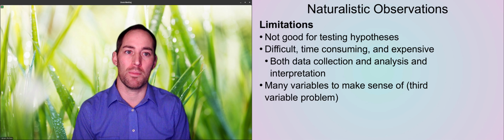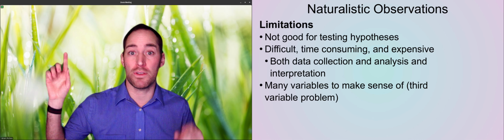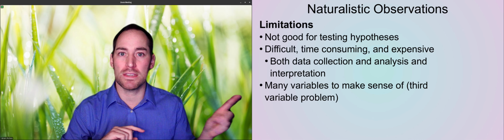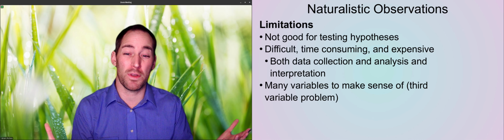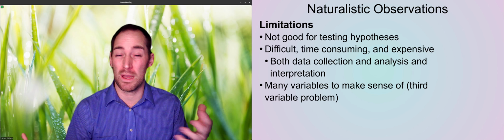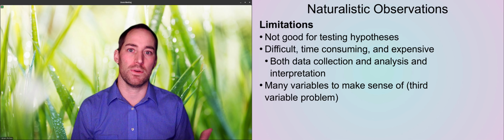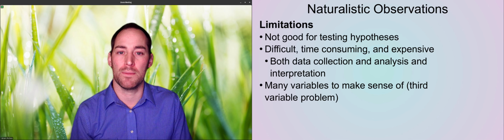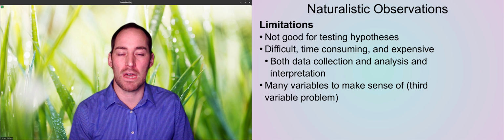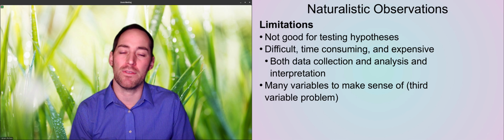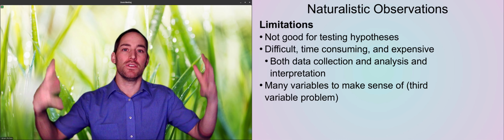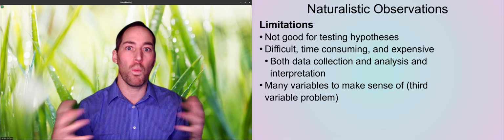So it might appear that there's a clear relationship between three things that are happening there. But maybe there's a fourth thing also that might be affecting it in a way that you can't quite tell without doing some maybe more quantitative studies. But that doesn't mean that naturalistic observations are useless. They are very, very useful to get this good descriptive sense of what is happening here.